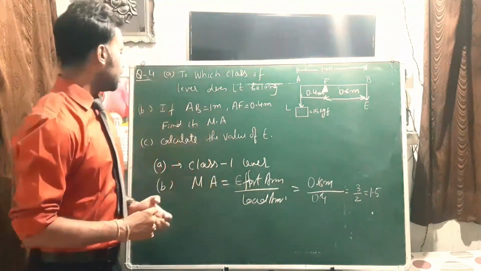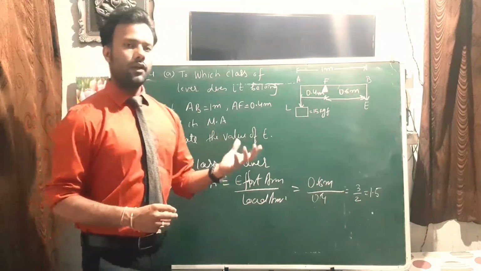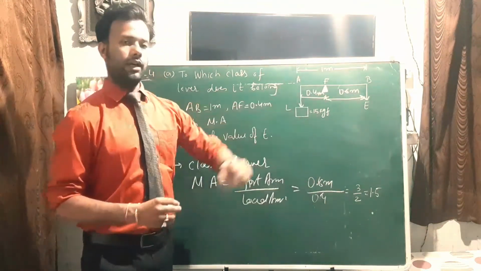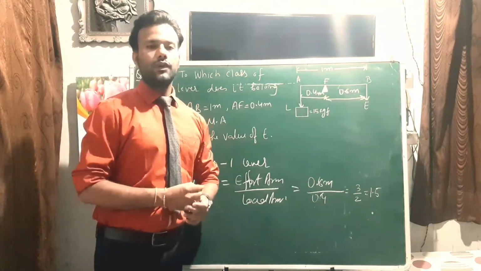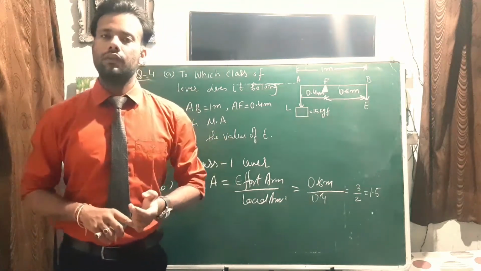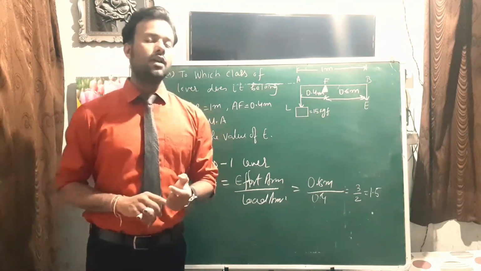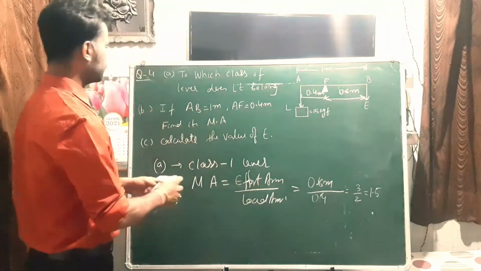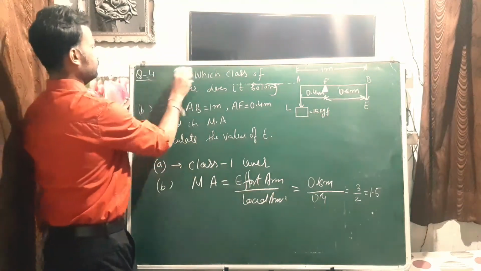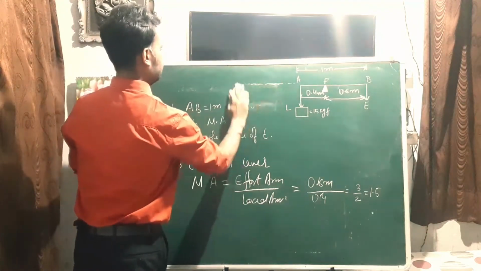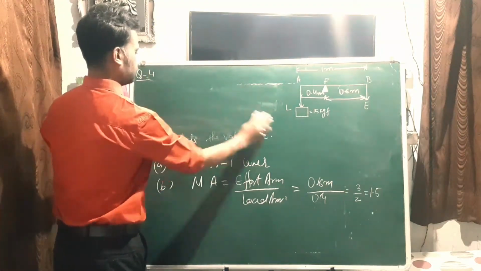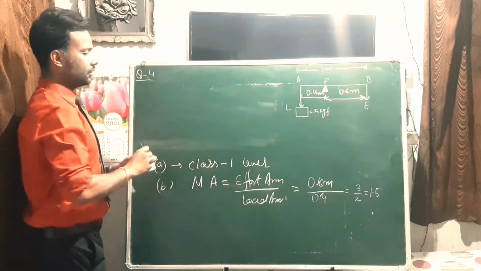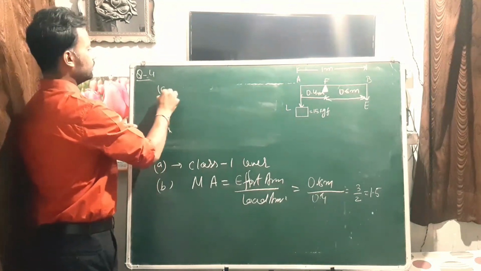In the last case, we have to calculate the amount of effort which has been applied at the point B. So we have mechanical advantage, we have load. Then from the formula of mechanical advantage, we can calculate the value of effort, right? So let's see. Okay, so C part.